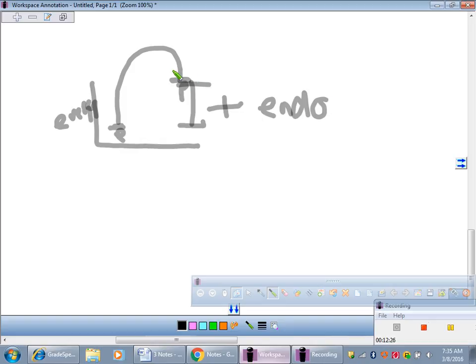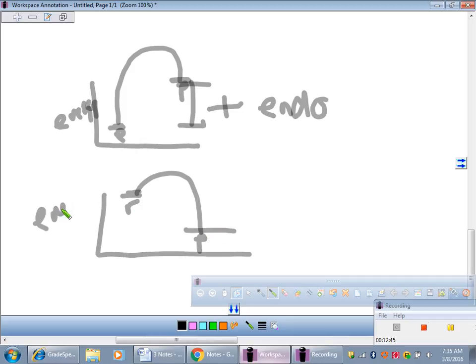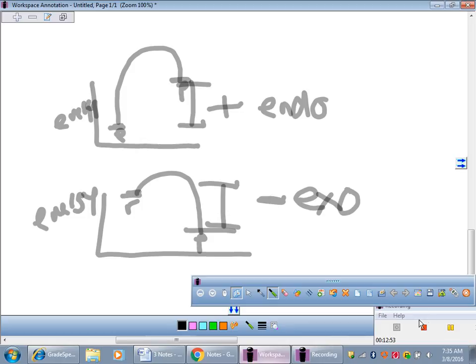If the products have more potential energy, that means that energy had to have been added, because we don't just create energy, so it must have been added from the surroundings to the system. If it's the opposite, if our reactants had more potential energy, but by the end the products had less energy, well, that means that the energy had to go somewhere else. So it had to leave the system, and that would be exothermic. All right, so make sure and study this.